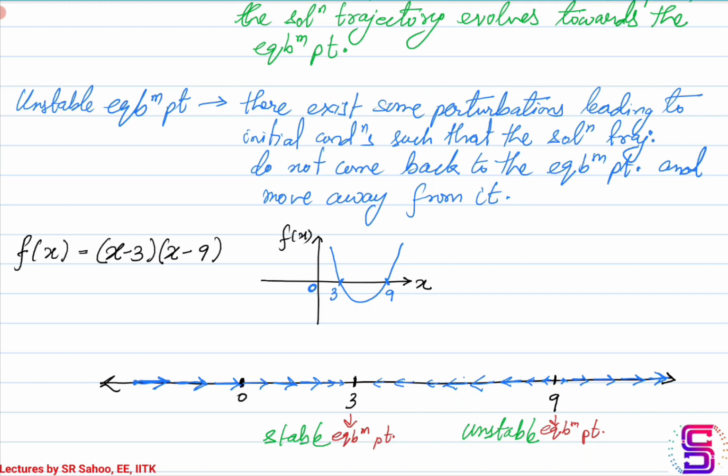So this rough idea of the vector field for the one dimensional system not only helps us in identifying what the equilibrium points are, but also whether they would be stable or unstable.